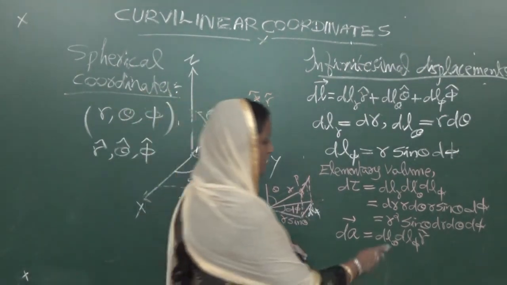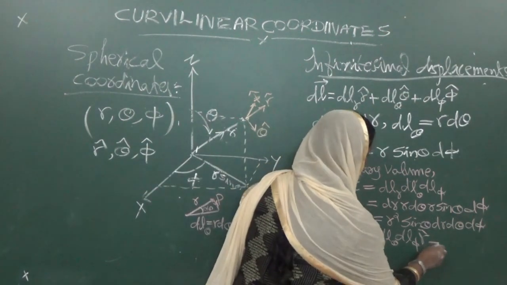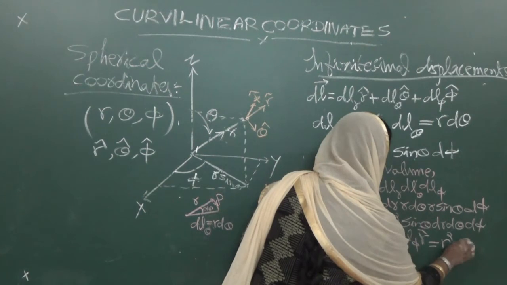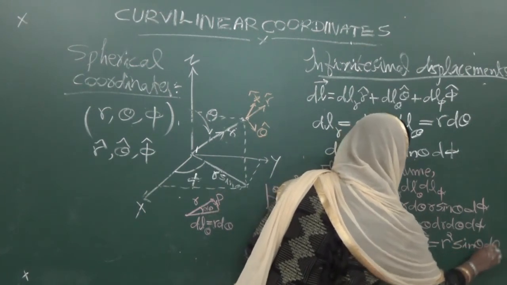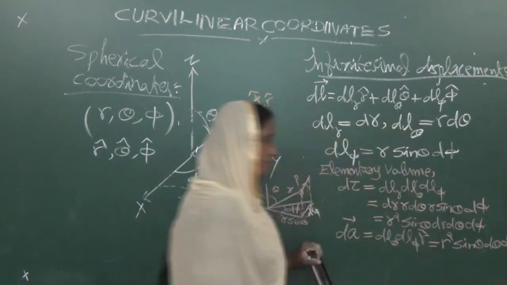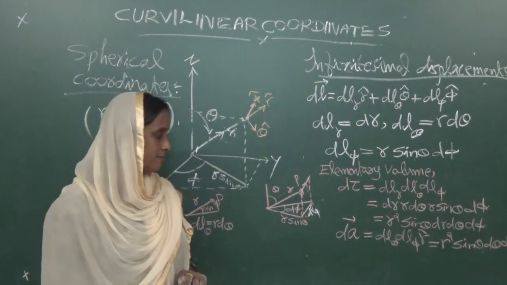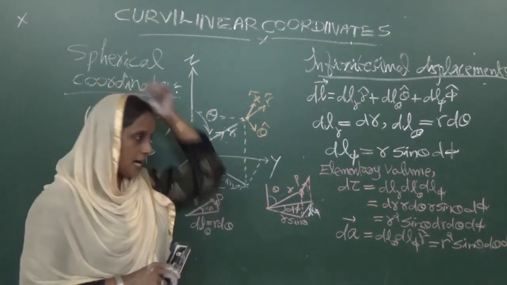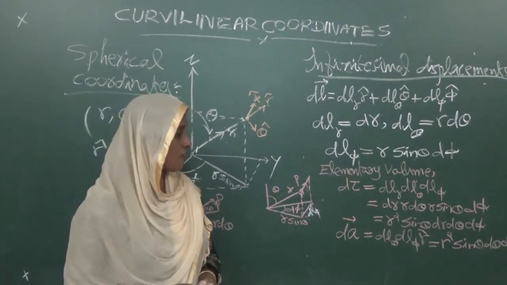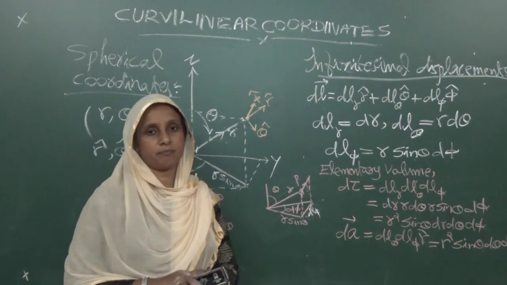So what do you get here? You get r squared sin theta d theta d phi r cap.